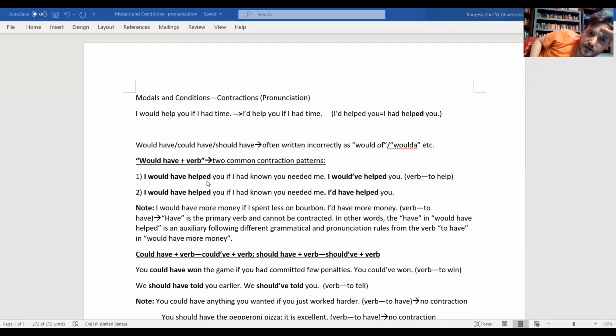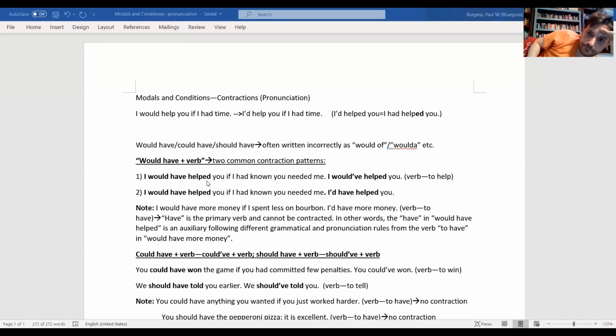But a native speaker of English would almost always pronounce this, no matter how it's written, contracted or not, in one of these two ways. The first pattern, I would have helped you. The second pattern, which is my preferred pattern as a native speaker, I'd have helped you. Notice I'da and I woulda, rather than I would have helped you.